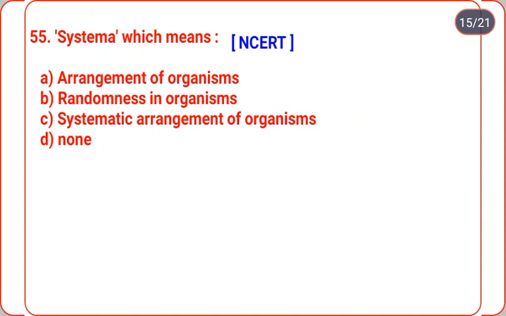question number 55. Systema which means or meaning: option A, arrangement of organisms; option B, a randomness of organisms; option C, systematic arrangement of organisms; option D, none. Okay, we repeat, the meaning of systema.